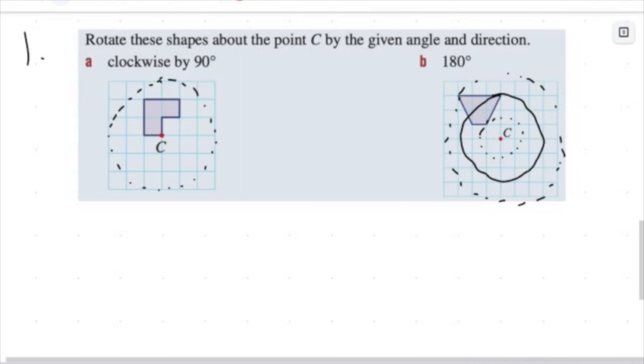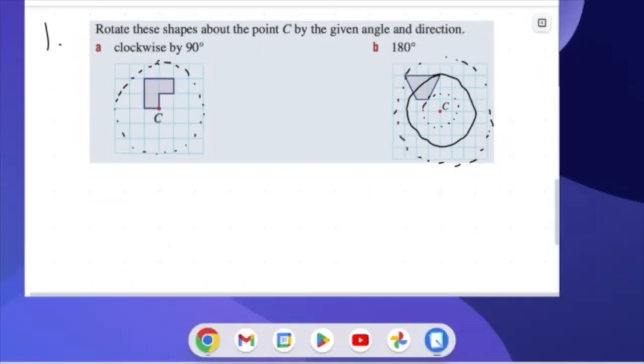We're going to do two examples. And this is where we're actually applying these rotational transformations to shapes. So in my first example, I want to rotate this clockwise by 90 degrees. Something I should have mentioned before is that we can rotate things clockwise or counterclockwise.